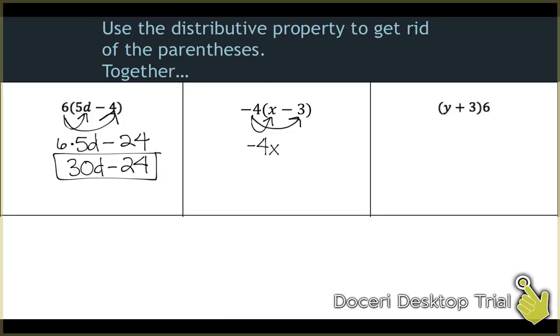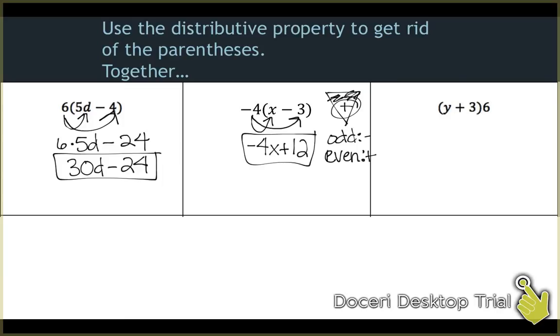Remember that with multiplication, if you have an odd amount of negatives, your answer is going to be negative, and if you have an even amount, it's going to be positive. Well, in this case, we have a negative multiplied by a negative, so our answer is going to be positive. That's 2 negatives, an even number, so it's going to be positive 12.